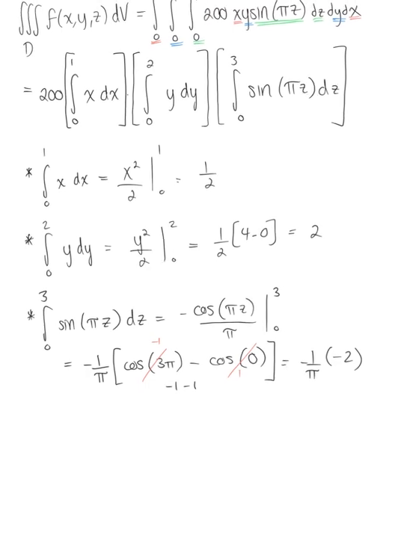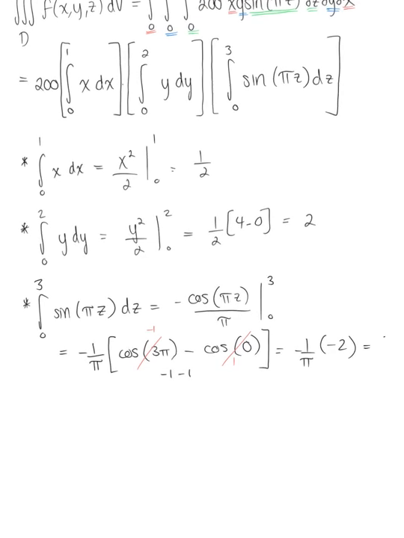So the two negatives cancel each other out, and we are left with positive 2 over pi.